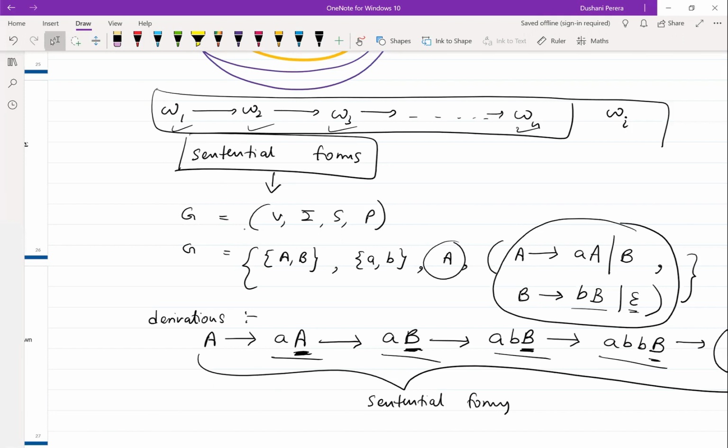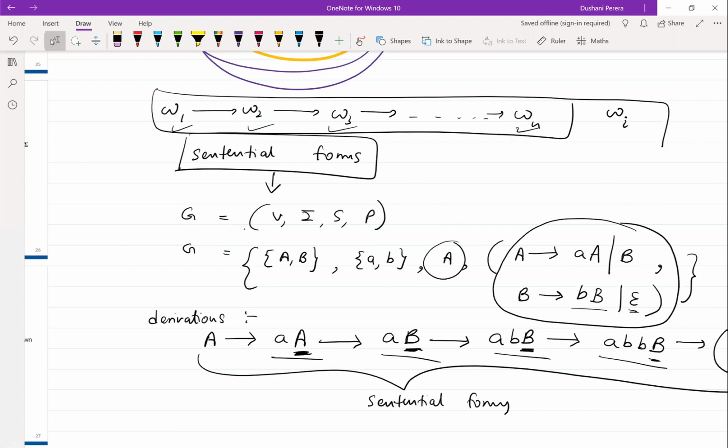And we said that we can define languages in two ways. We can either list out all the words in the language, or we can give a set of rules saying these are the words that are acceptable. Then we said that a language is a subset of sigma star on the alphabet sigma.